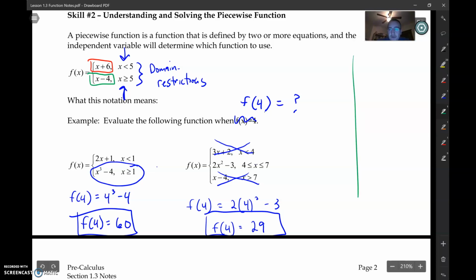If you were to graph this, and then I'm going to be done with this video and we'll move into the next page, it would be x plus 6. So 1, 2, 3, 4, 5, 6. It will be something like that. But they only want you to keep it when x is less than 5. So 1, 2, 3, 4, 5. So it would be right here. You would only keep that portion of the line.